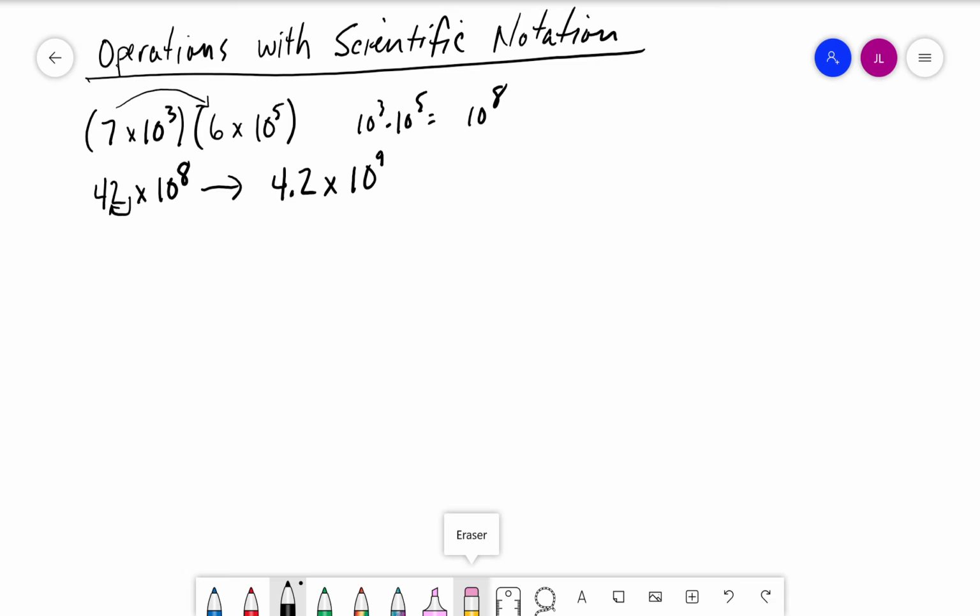And to illustrate how this works, let's do this long ways. 7 times 10 to the third we know is 7,000. 6 times 10 to the fifth would be what? 6 with 1, 2, 3, 4, 5 zeros, 600,000.